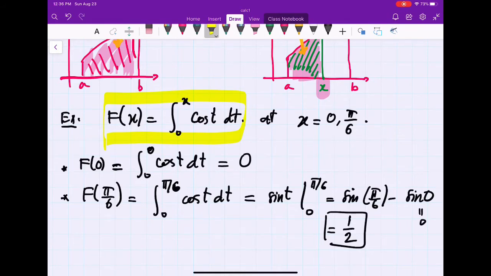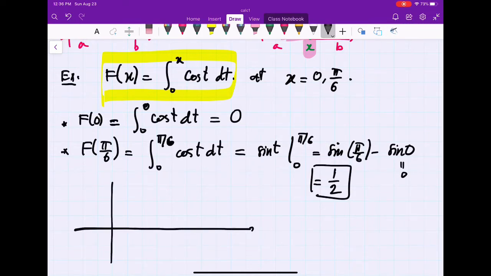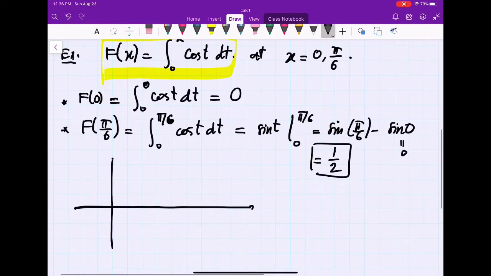Agree? So from the point of view of geometry, you have the following picture. You have cosine, right? What is the graph of cosine? This is y, this is x, this is 1, this is negative 1. Let's say here's pi over 2, so pi over 6 is around here.